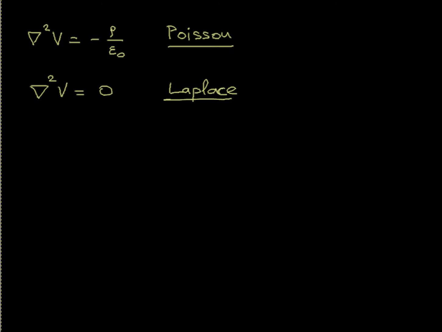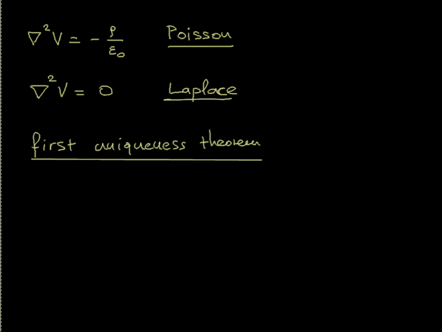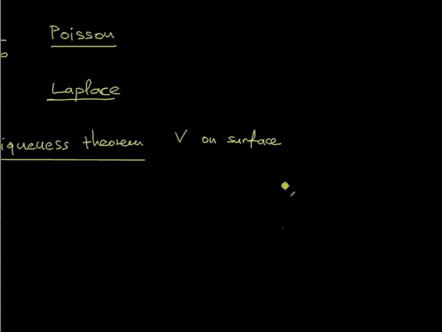Now, there is an important theorem, the first uniqueness theorem, that says if you specify, if you know what the potential is on the surface of a volume, then the potential is uniquely determined.